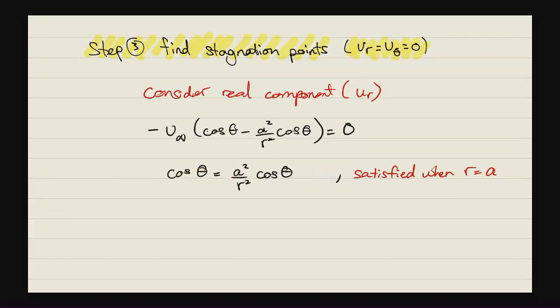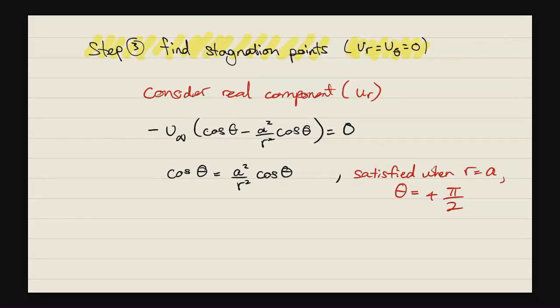So that's one possible solution. What's the other possible solution? When theta is equal to? Pi over 2. Very good. Cosine pi over 2 is just equal to 0.